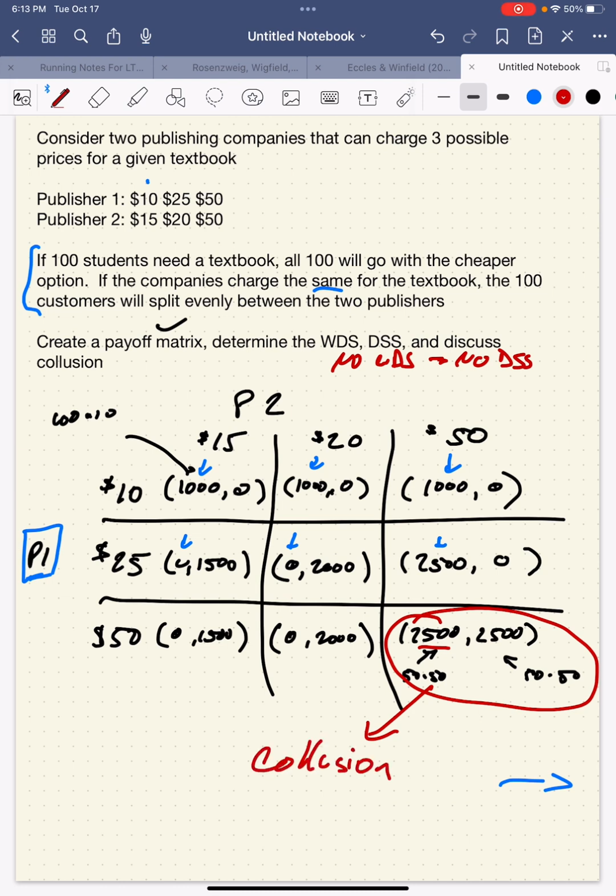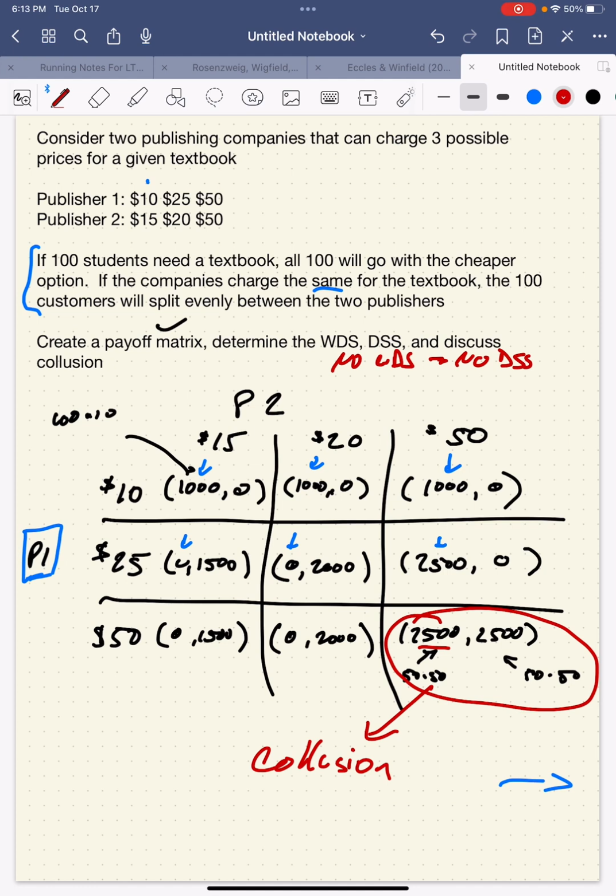The collusion situation is saying that everyone needs a textbook, so if we charge the most and just split the customers, we're both going to make a large amount of money. There's no competition. And here it would be problematic because there's really no incentive for anyone to try and make a cheaper textbook, because if they do, they won't make as much as if they were to just split the customers right down the middle, knowing that everyone needs to get it.